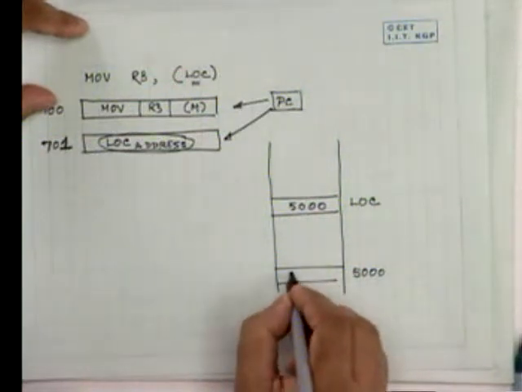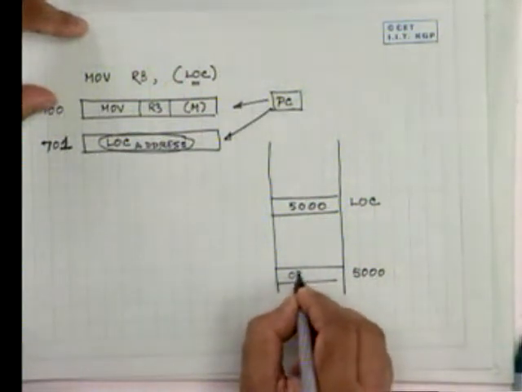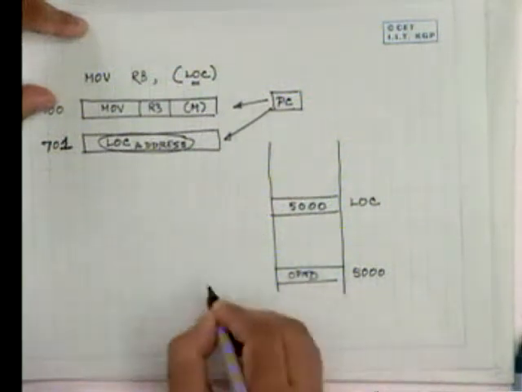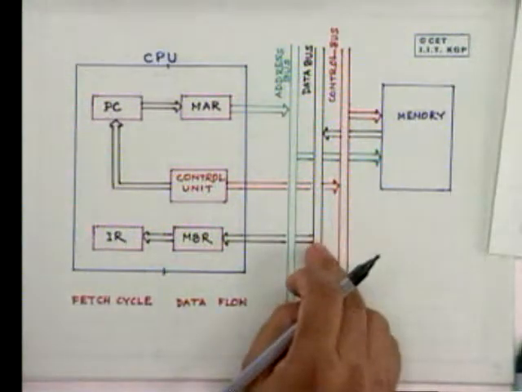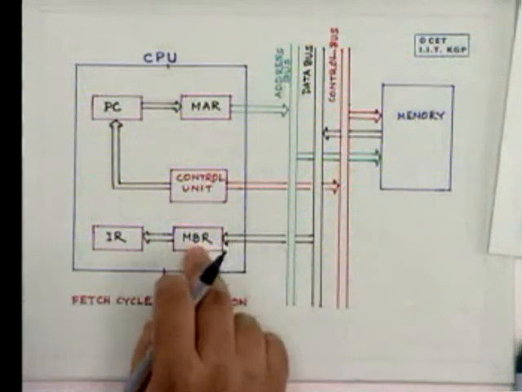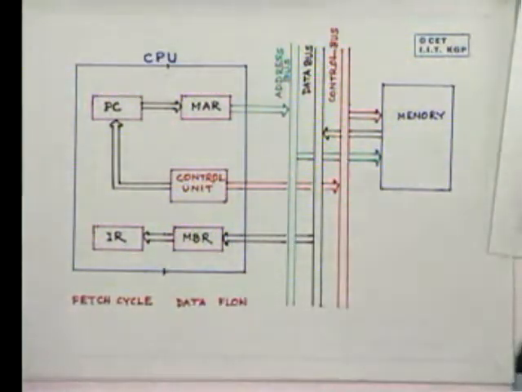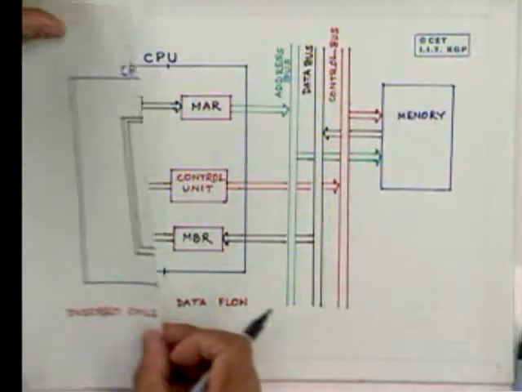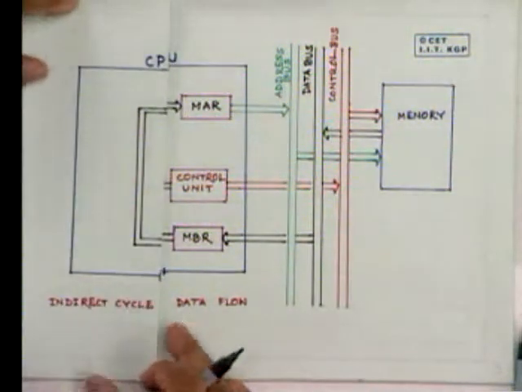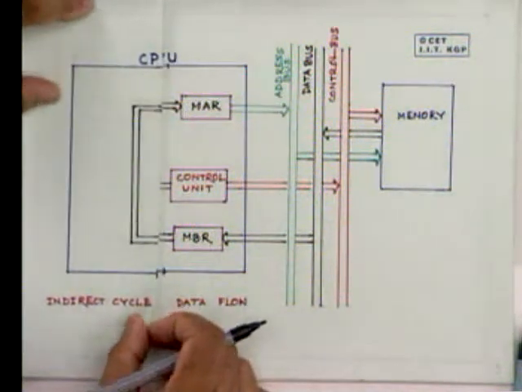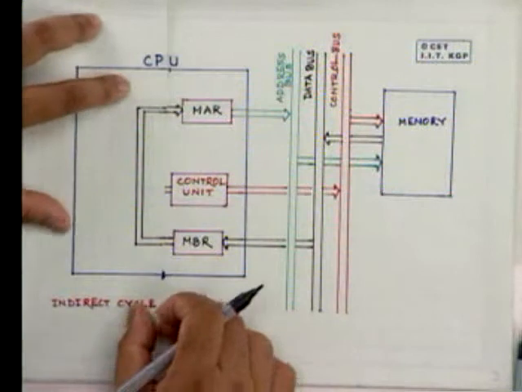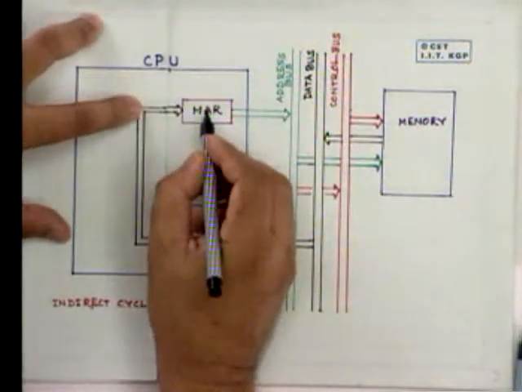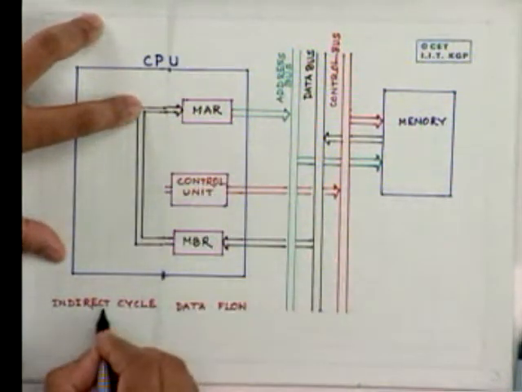The operand has to be fetched from here. Therefore, whatever has now been fetched from the memory, which comes to that MBR, which is 5000 now, should be channeled back into the memory address register because indirection is involved.